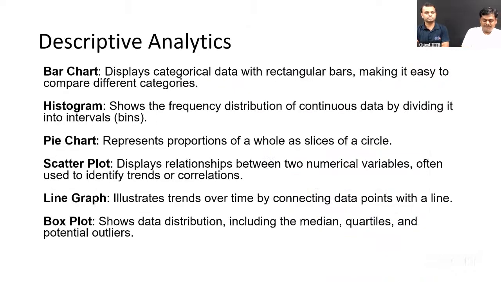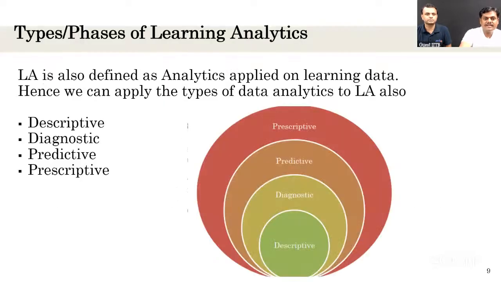Next point is a different concept than eye tracking, a different type of analytics. We can see here the types or phases of learning analytics. This is important in learning analytics, and they are subsumed in one another.